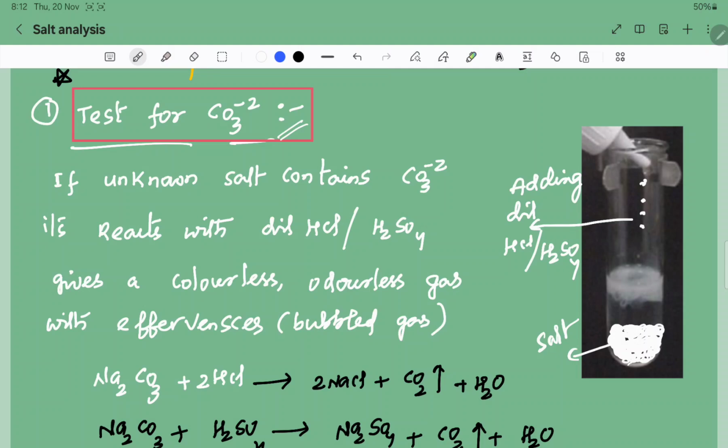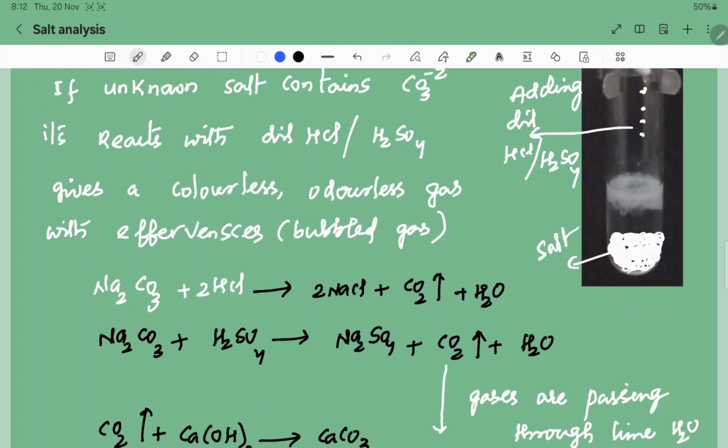If our salt contains carbonate CO3 minus 2, it reacts with HCl, and Na plus reacts with Cl minus to form sodium chloride and H2CO3. This H2CO3 decomposes into carbon dioxide plus H2O.